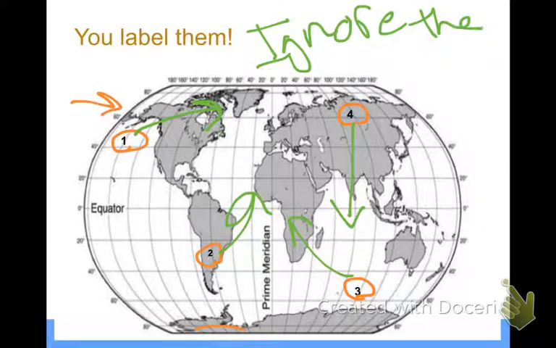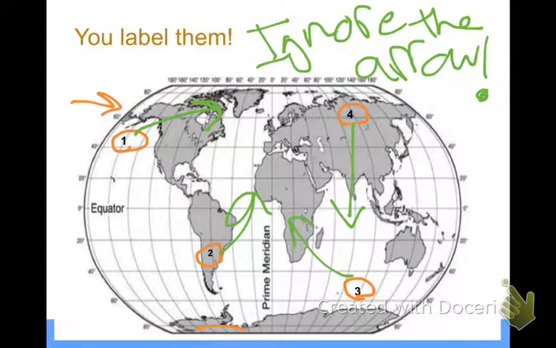Ignore the arrow, and maybe you need to jot that down. The arrow is telling you where the air mass will move to. When we are naming air masses, we don't care where the air mass is going to move to, because the air mass is named based on where it formed. So these arrows are not telling you number 1 is located here. It's saying number 1 formed where the number is and will soon move in this direction.